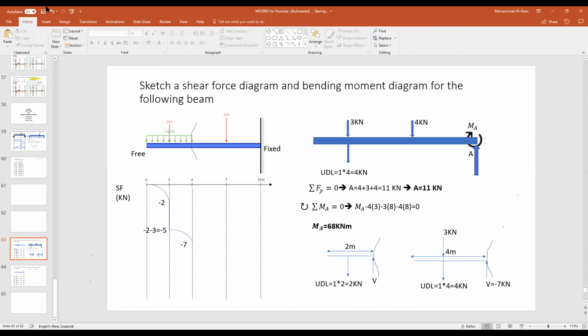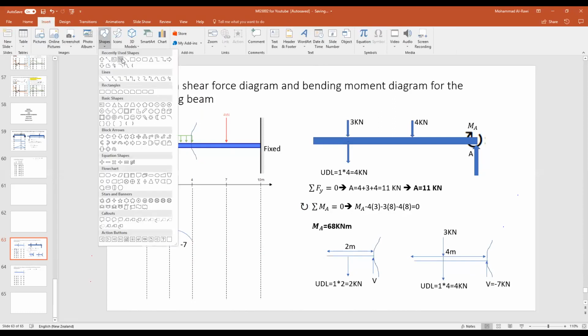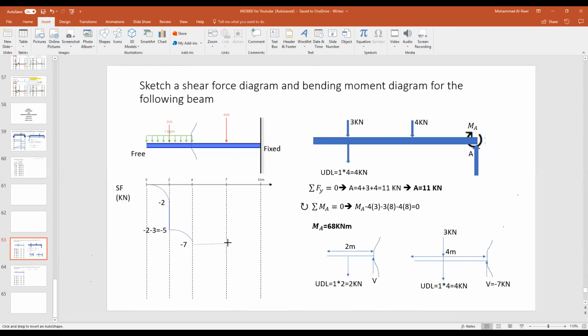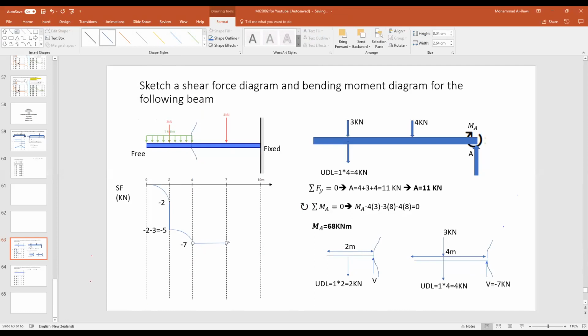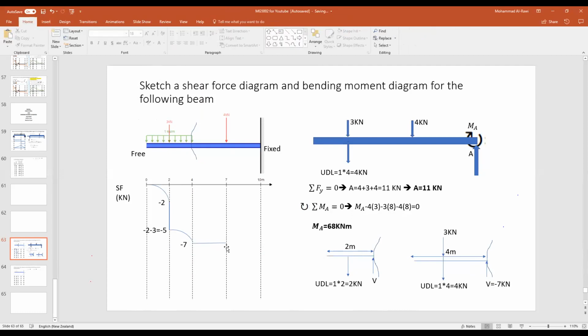Now from -7 till 7 meters, I have no load on that system. So I will move in a straight line. I'm not getting my straight lines. I'll move to -7. Now from -7, what do I have? I got another -4 that will push me down.